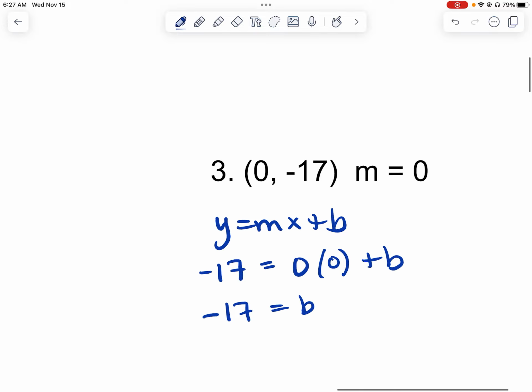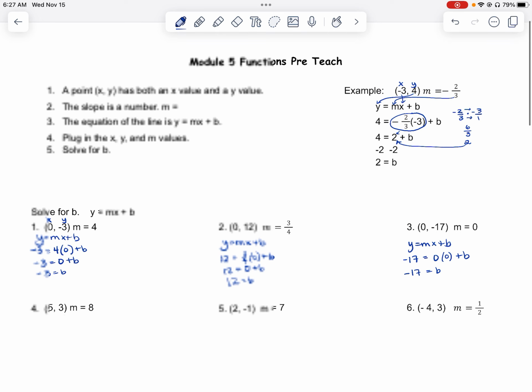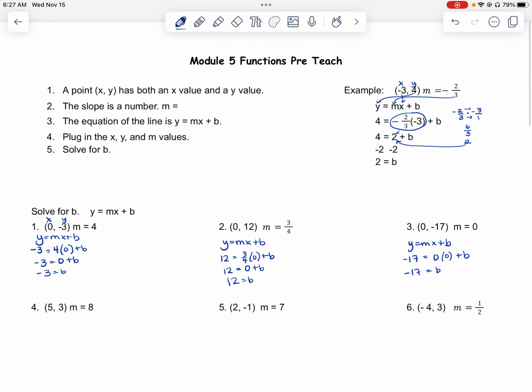Now, I purposely used these first ones like this because you should have actually known the information already. Because anytime we have 0, comma, and a number, this is the y-intercept. So you should have known that off the top of your head. But I proved that you can plug it in and find it anyway.